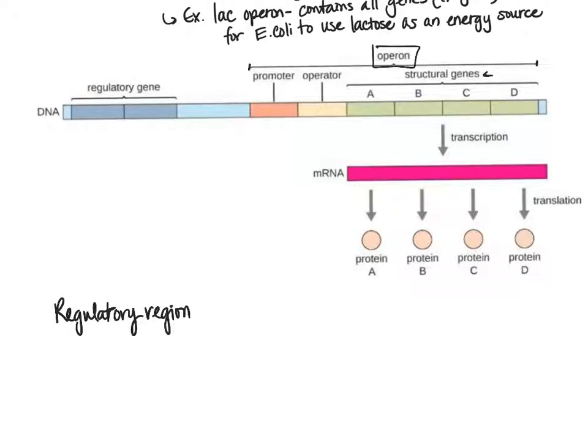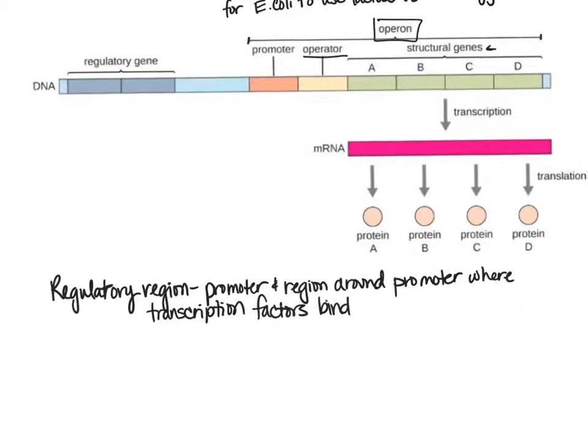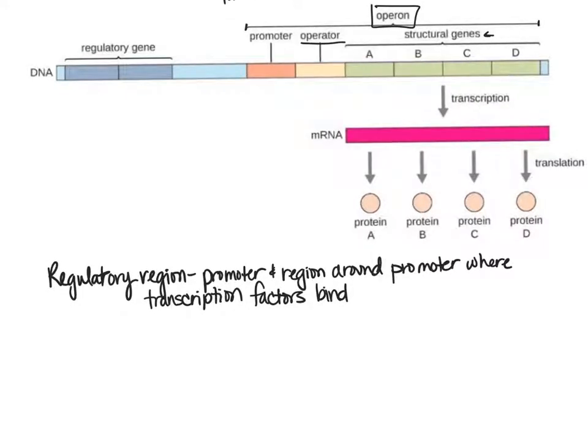The regulatory region includes the promoter and the region around the promoter where transcription factors bind. And something that we find in this region is the operator, and you can see that up here. So I'm going to move this up a bit. There we go. So the operator.